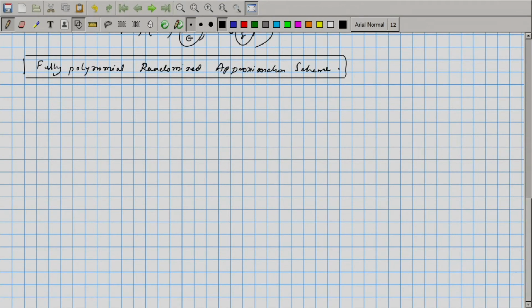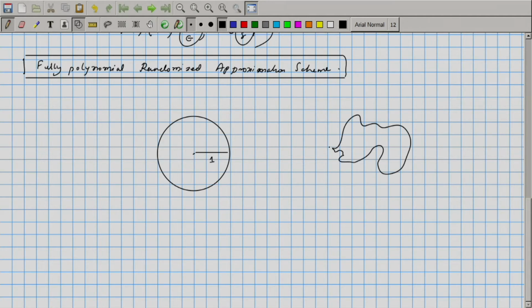Now, let us keep these definitions aside for a minute and think about a simple problem. So, let us say we have a circle whose radius is 1. We need to estimate the area of this circle, or it could have been any other geometric figure.